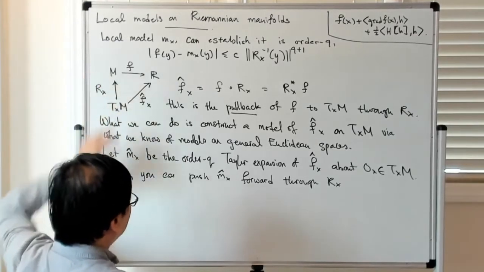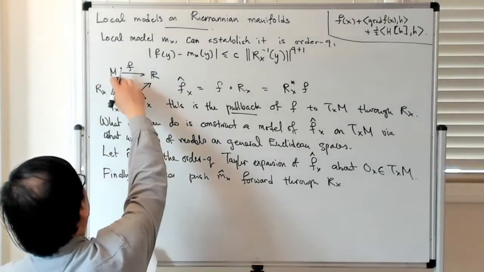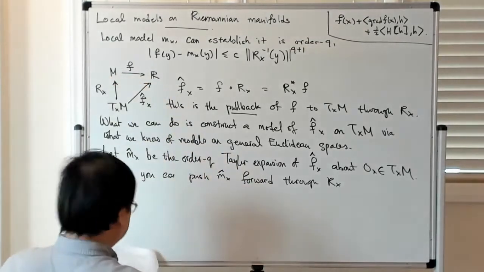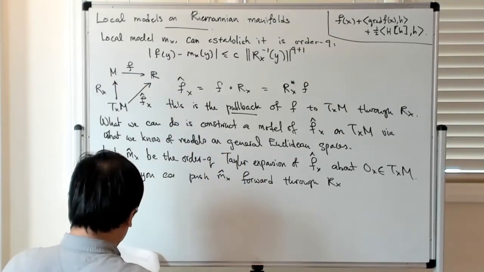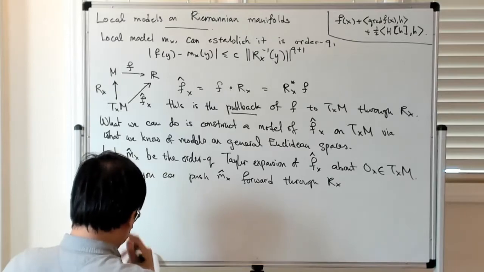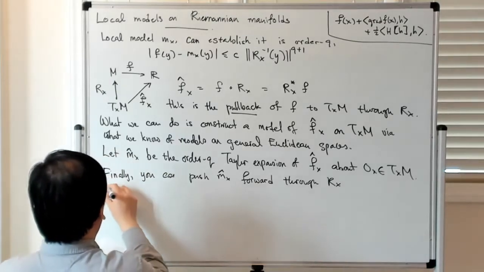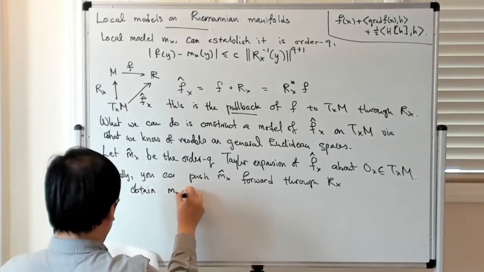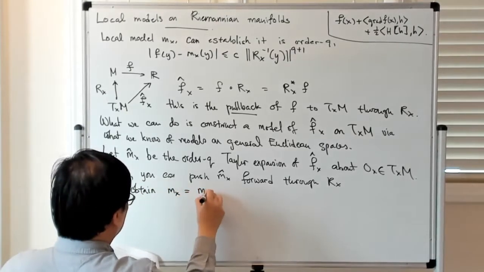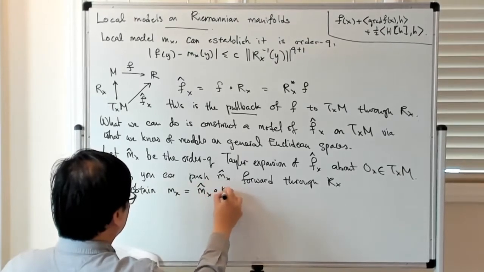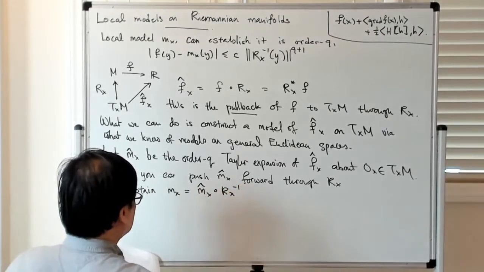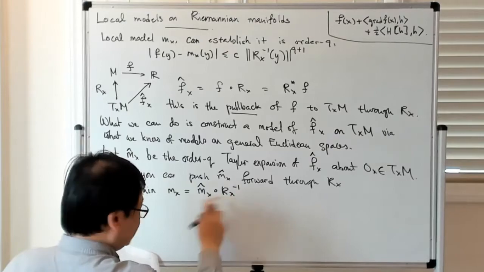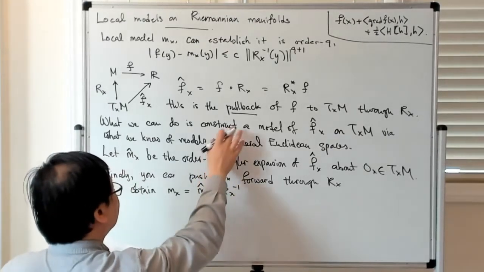So you can push this forward to define an m_x on M. I'm going to write m_x as m_x hat composed with R_x inverse. Again, you need an inverse here, so this is not quite as natural as the pullback.